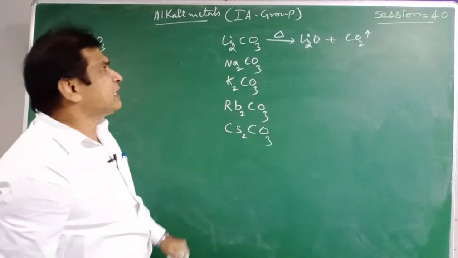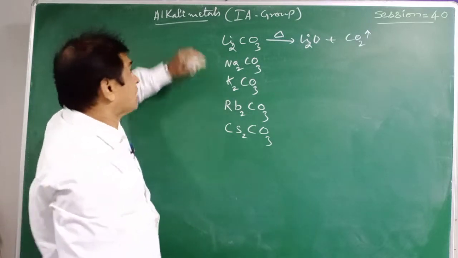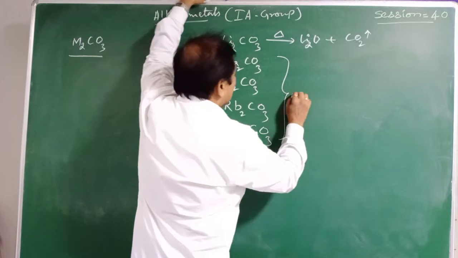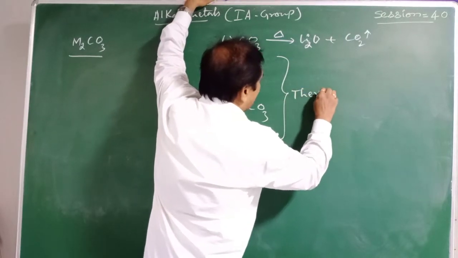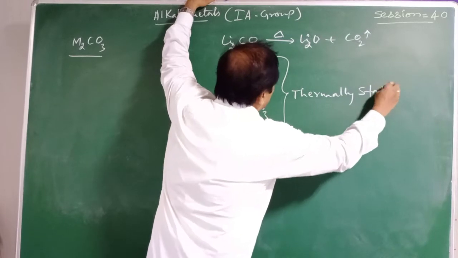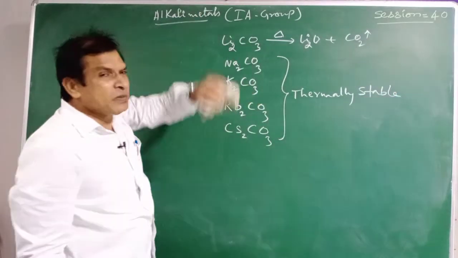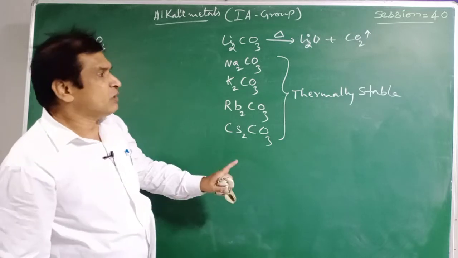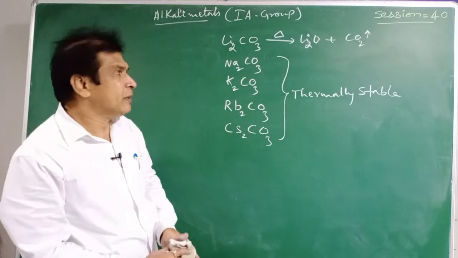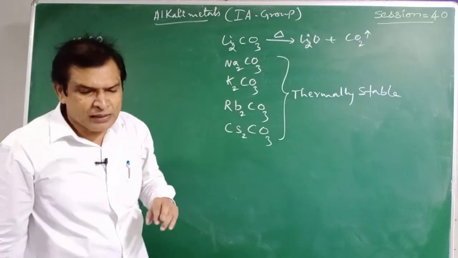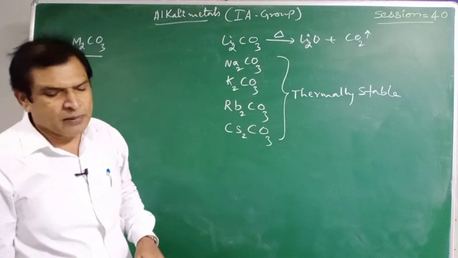Except lithium carbonate, the rest of the carbonates of alkali metals are thermally stable. All these carbonates are thermally stable, that means on heating they do not undergo decomposition. So remember, this point is very important. Except lithium carbonate, the rest of the carbonates of alkali metals are thermally stable.